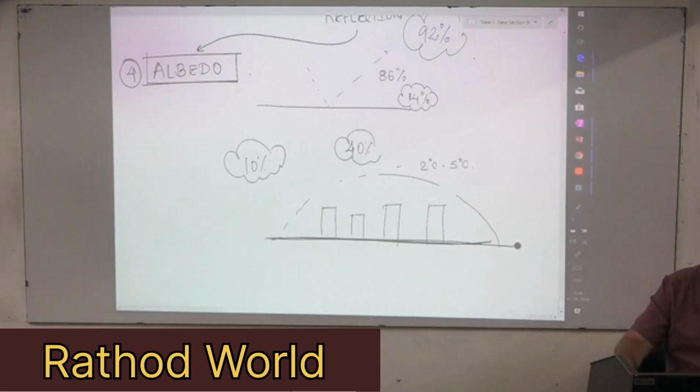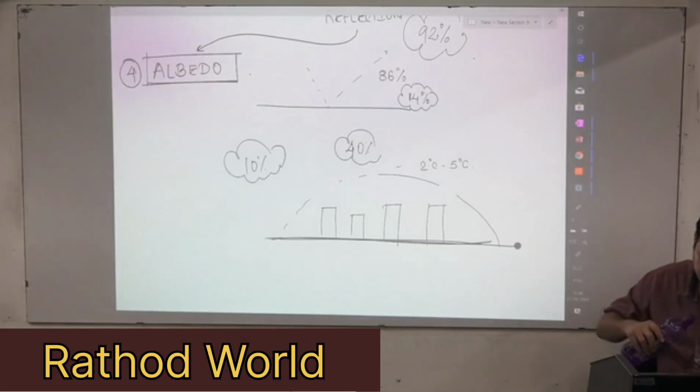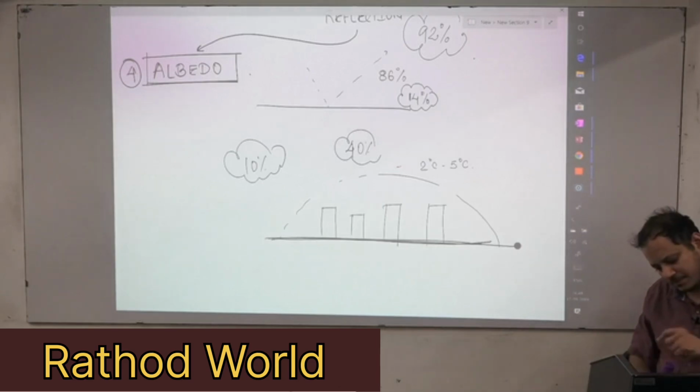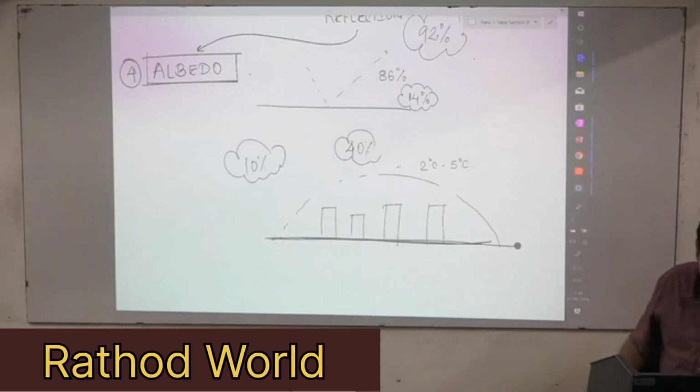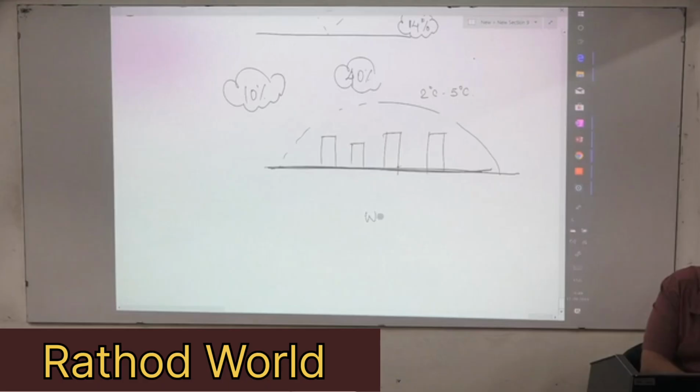So insolation. It is a measurement of incoming solar radiation, expressed in watts per meter square.